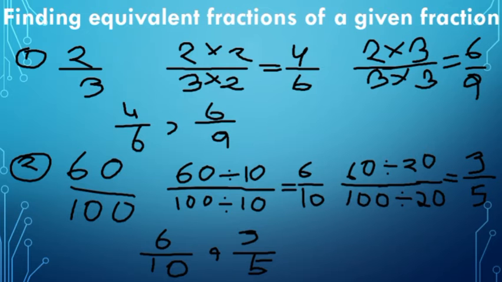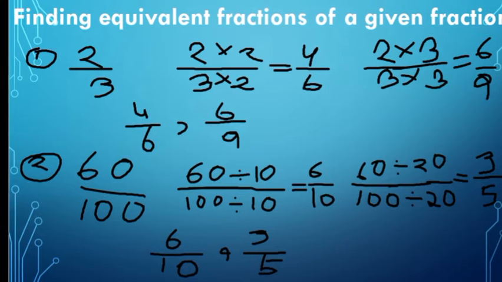So I would recommend, if there is a big fraction like this 60 by 100, then you should divide it. Now let's see 60 by 100. I divide numerator and denominator by 10. I get 6 by 10, right? This is one fraction, and 60 by 100 I divide by 20. I get 3 by 5. This is one fraction, and both fractions are equal, so they are equivalent fractions.